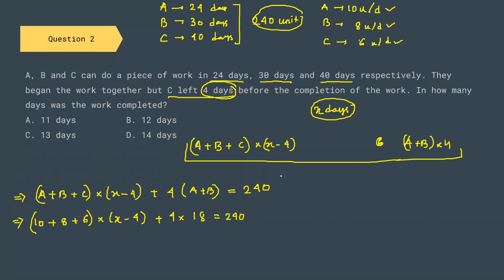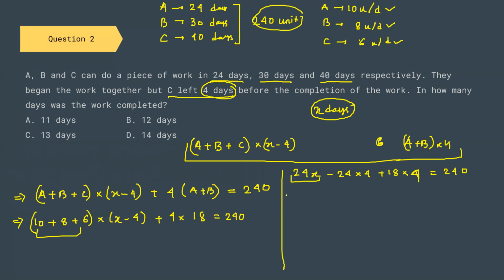So let's see, we can simplify this equation. 10 plus 8 plus 6 is 24. So this is 24x minus 24 into 4 plus 18 into 4 equal to 240. If I'm not wrong, let's review our working again. So this will be 24x minus 4 into 24 plus 18 into 4.